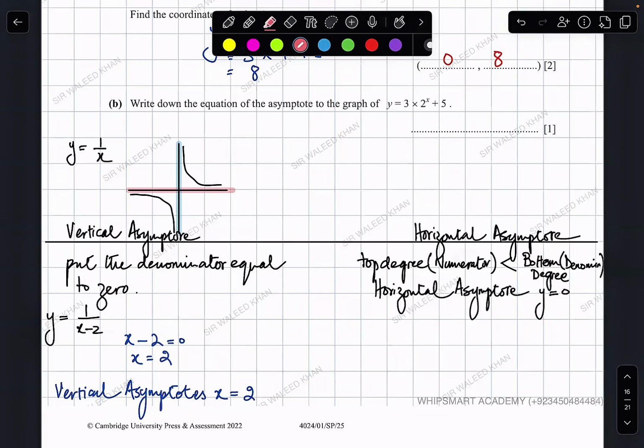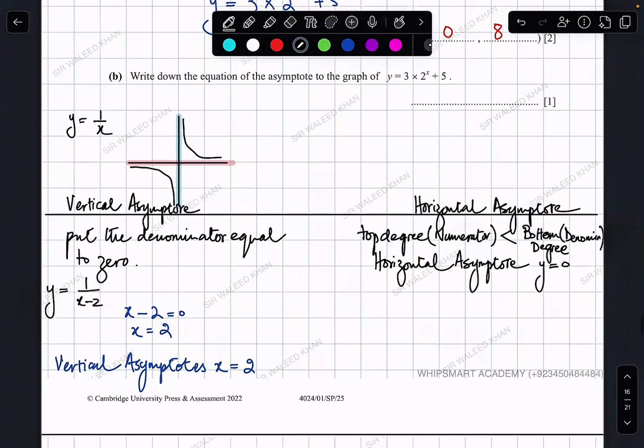If we have an addition to this, so let's say we have a graph where y is equal to 1 over x plus 3. In this case, you should know that the graph is going to shift 3 places upwards, and so is the horizontal asymptote going to shift 3 places upwards.